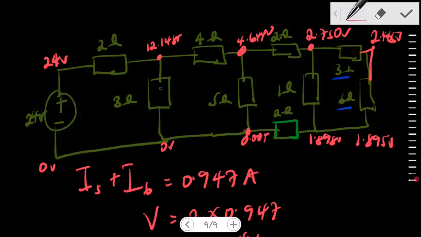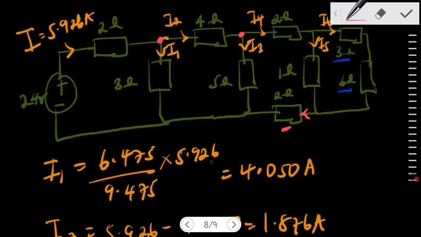At this point, let's find out whether it also approximates to 0. So I have 12, and the current that went through the 3 ohm resistor from the previous diagram was I1, which is 4.050, times the resistor, which is 3, that would give me 12.15, right?